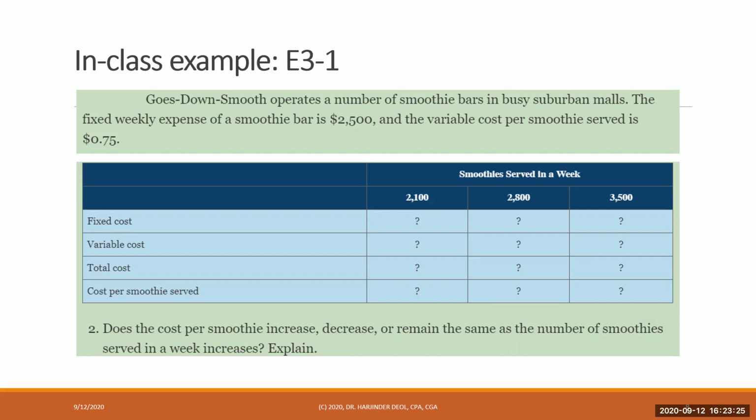So given that 2,100 smoothies were served in a week, and in another week, 2,800 smoothies are served, and in yet another week, 3,500 smoothies are served. Well, what would the fixed cost be? Well, fixed cost in total does not change.